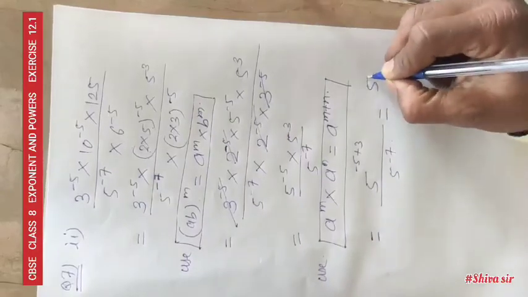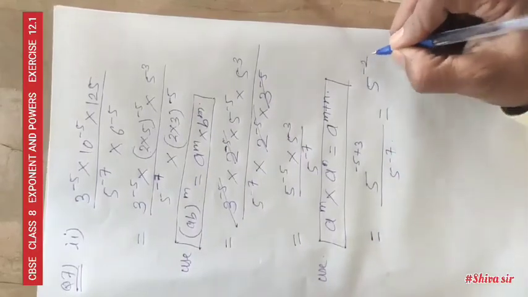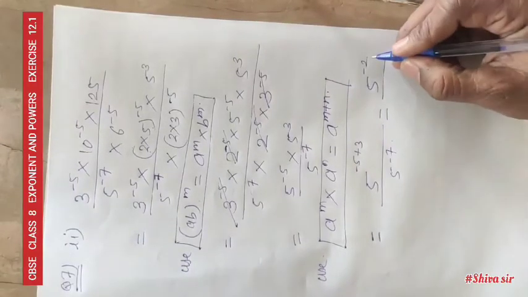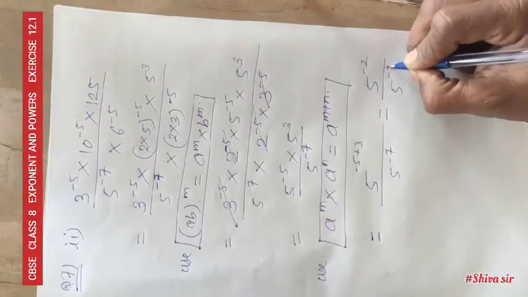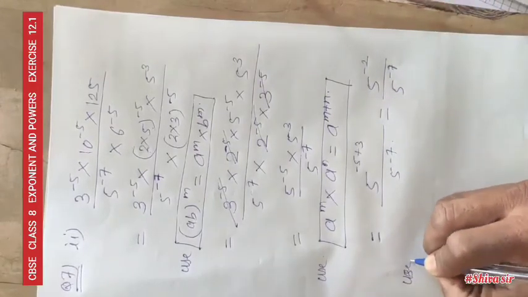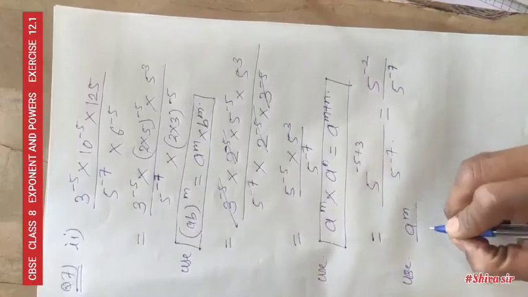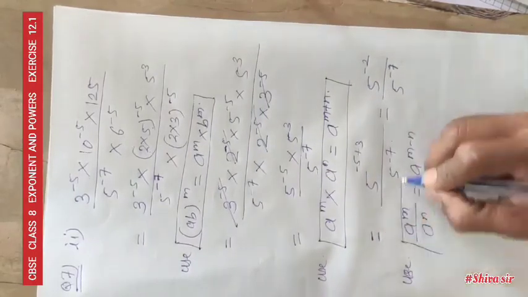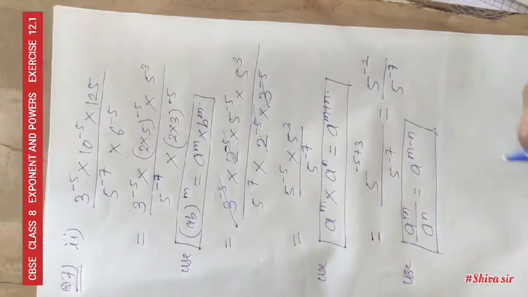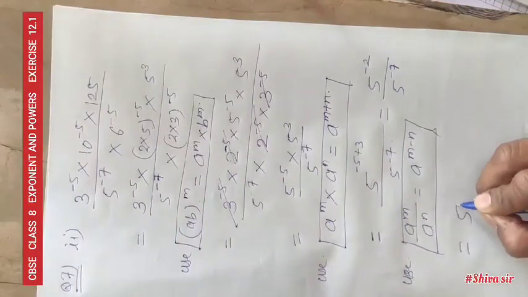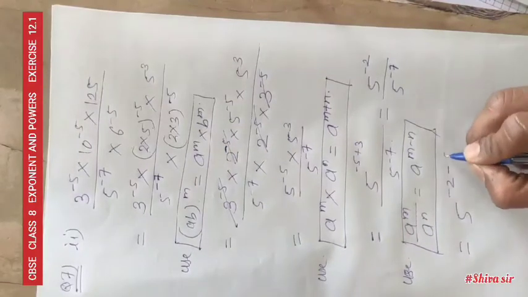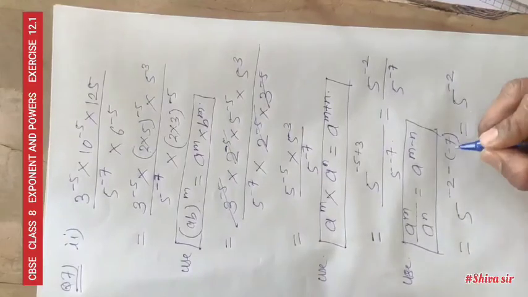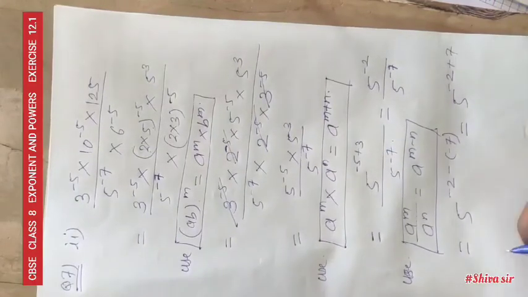So 5 raised to the power minus 5 plus 3, that means minus 2. So we have 5 raised to the power minus 2 and 5 raised to the power minus 7. Again use the formula a raised to the power m upon a raised to the power n is a raised to the power m minus n. So simply using this formula, 5 raised to the power minus 2 minus 7. Here minus 2, then minus into minus plus, and this is the 7.